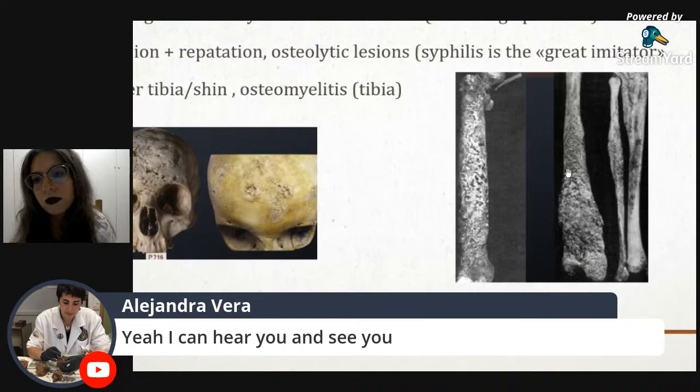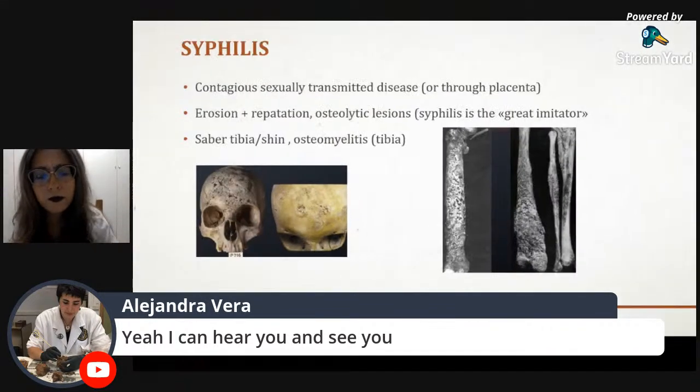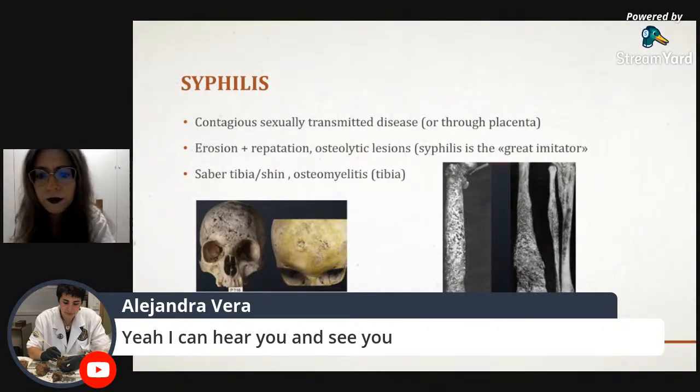You can see that the osteolytic reaction is huge, and also there's a lot of porosity and cavities, holes. So it has to be very painful for the living person.